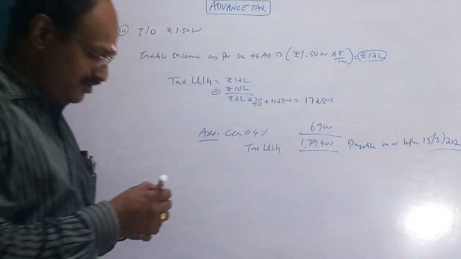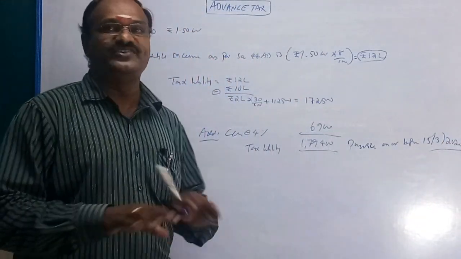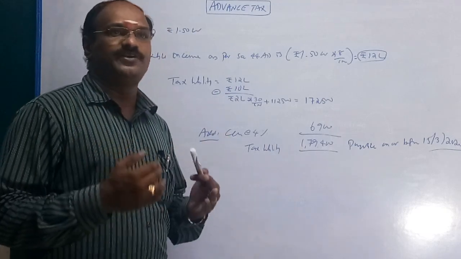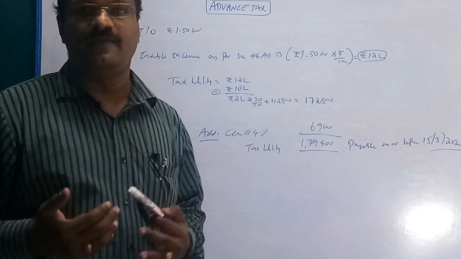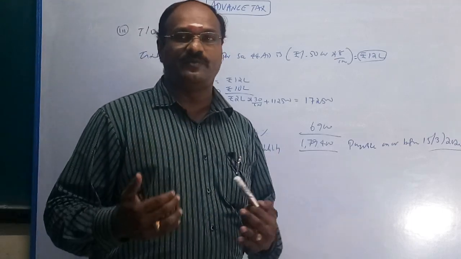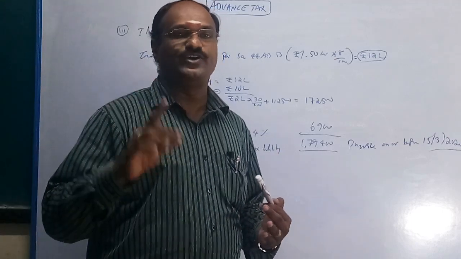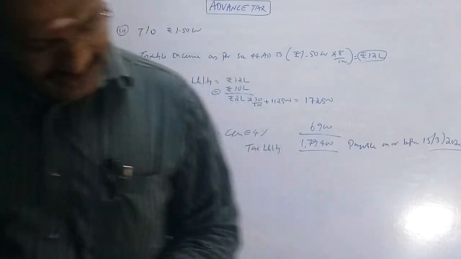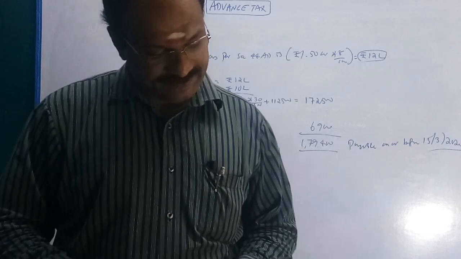The provision clearly says, in case of a person opted for 44AD or 44ADA, advance tax is payable in only one installment, that too before 15th March. Any doubt? Okay.